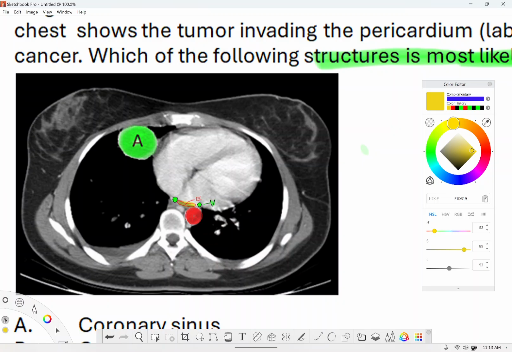On each side, green is the vagus. Let's choose blue. On the right side right here will be the esophageal vein, blue. Can I make it a better blue? Yeah, let's see if this one is better. So this blue is the esophageal vein.